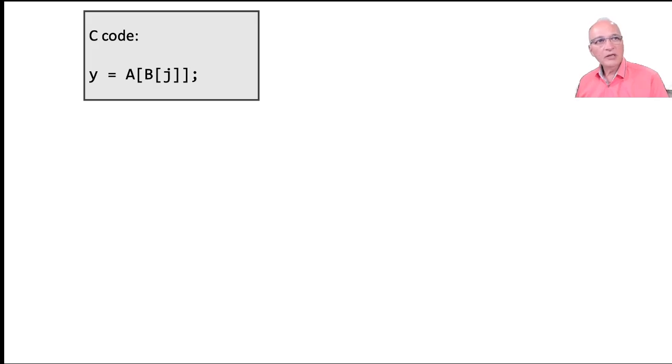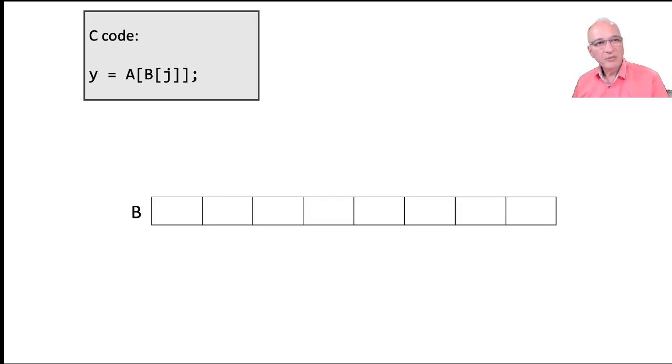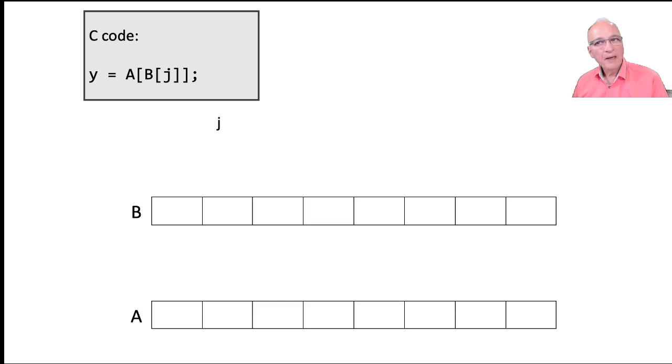Here is a more complex piece of code, but we're still going to be using the same techniques as before. What happens here is that I want to fetch a position of an array A, but the index that I'll use to find that position in array A is the value stored in the position J of an array B. So I have an array B, an array A, and an index J into the array B. I will use that index J to find the position of the array B where I need to fetch a value from.